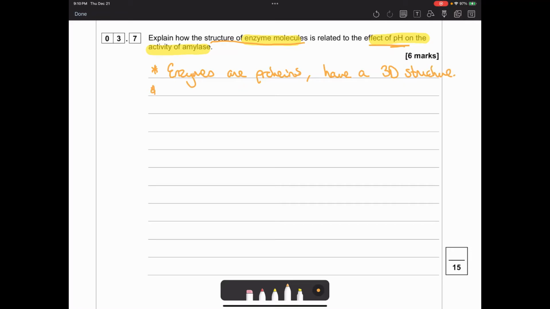And then I'd be thinking, I could draw out a little diagram to myself, remembering enzymes are a bit like Pac-Man. Enzymes have a 3D structure, and they act like a lock and key. So enzymes act like a lock and key with the substrate.